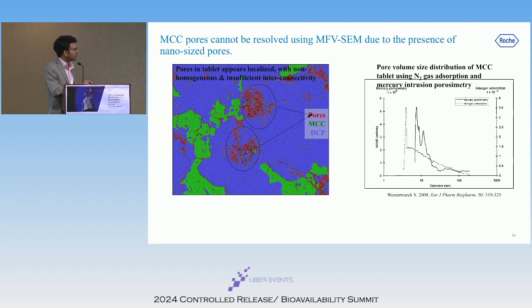The literature review suggests that these pores can only be resolved using techniques such as mercury porosimetry or nitrogen gas adsorption. And these pores happen to be on the order of less than 10 nanometers. And clearly, the lack of pore resolution on the MFV SEM scan is attributed to the limitation of this imaging technique.